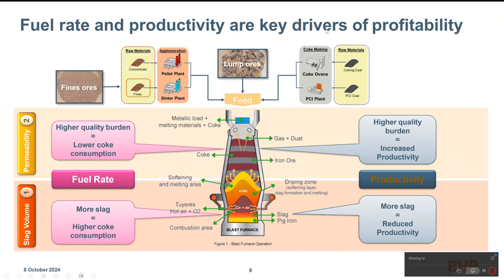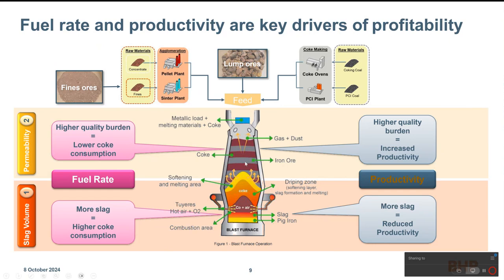This slide is just trying to give a bit of an overview of the key value driving properties in iron ore. The fuel rate and productivity of the smelters or the blast furnace are the key value driving properties.